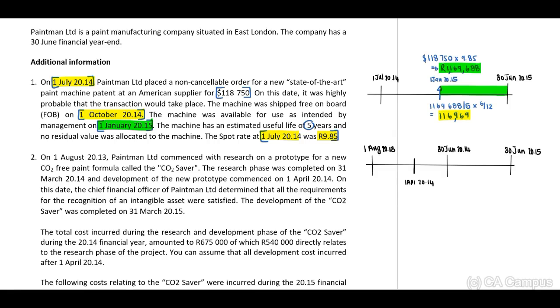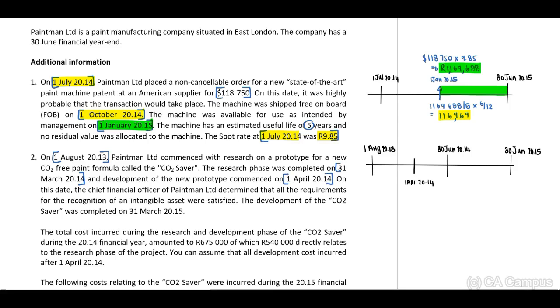116,969. Point number 2. On 1 August 2013, PaintMan Limited commenced with research on a prototype for a new CO2-free paint formula called the CO2 Saver. The research phase was completed on 31 March 2014 and development of the new prototype commenced on 1 April 2014.